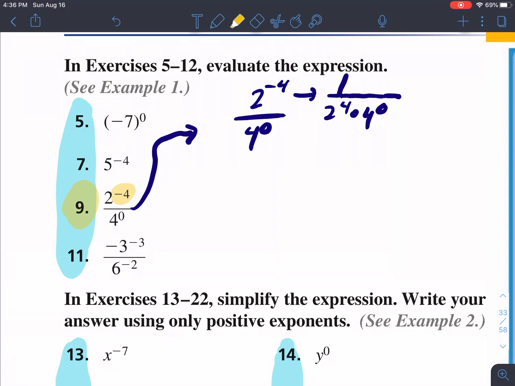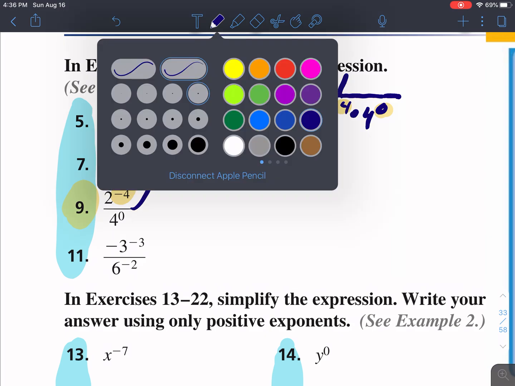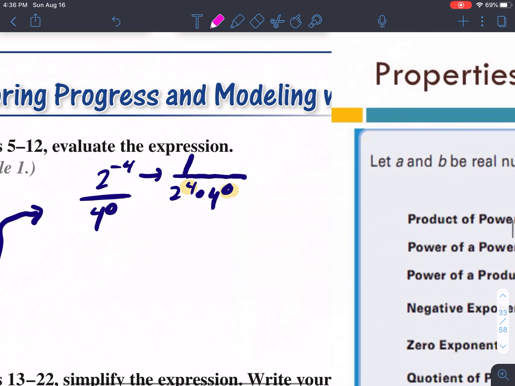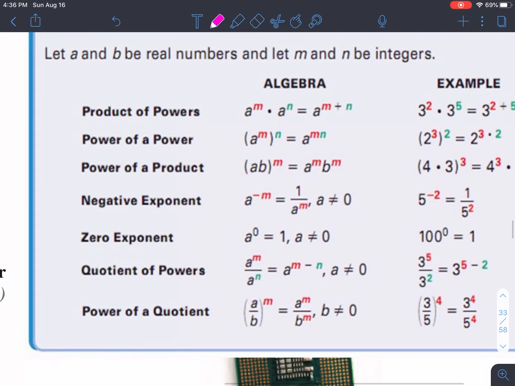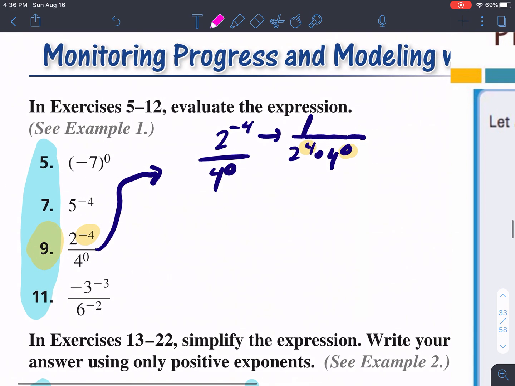Now we can simplify this. I noticed 4 to the 0 power, so I'm going to check my properties real quick. The zero exponent property says that if I have a to the 0 power, my answer is always 1. So I know that 4 to the 0 power is going to be 1.